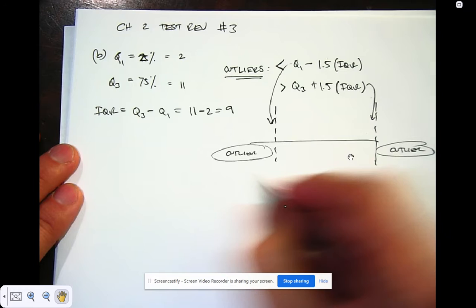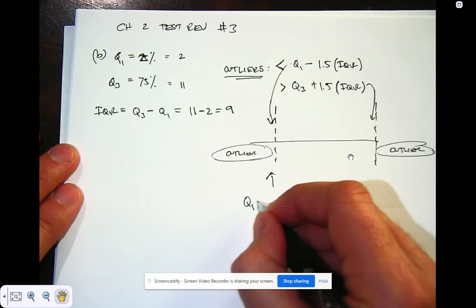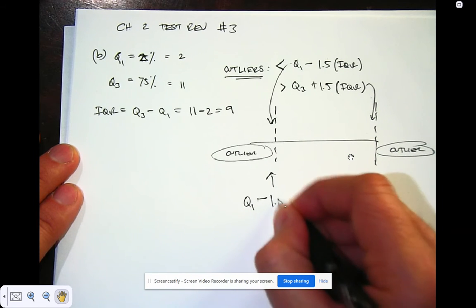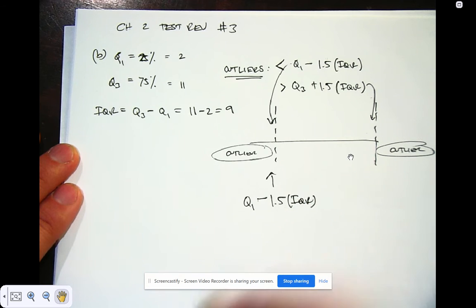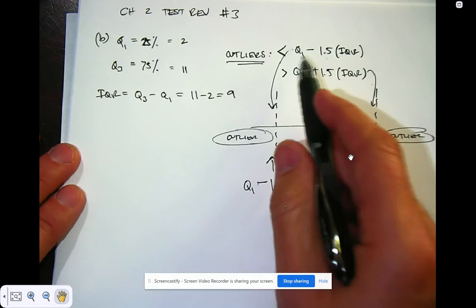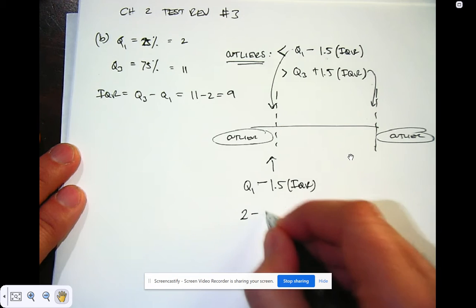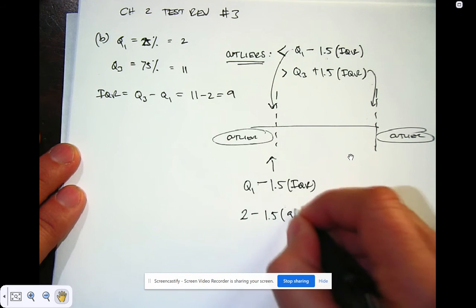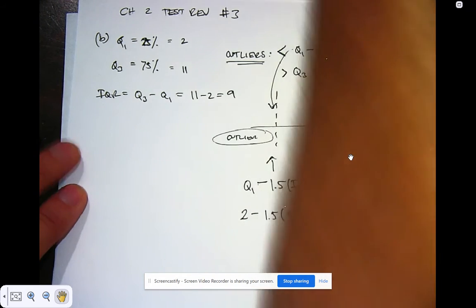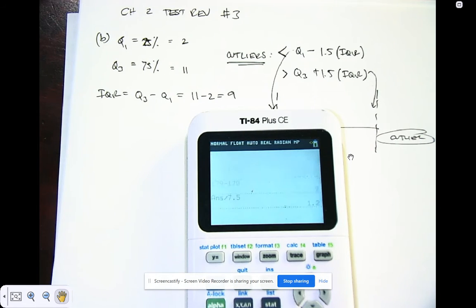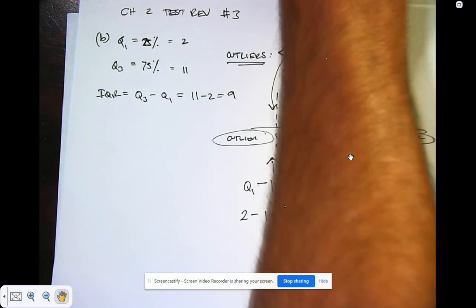Okay, and so let's find this number. That is quartile 1 minus 1.5 times IQR. Let's plug in our numbers. Quartile 1 is 2 minus 1.5 of 9. If you type that in, you're going to get a negative number: negative 11.5.